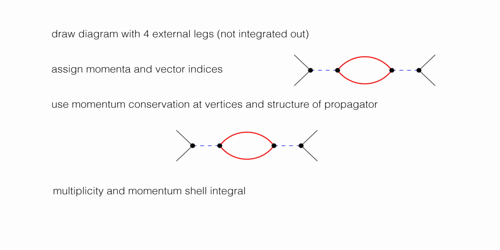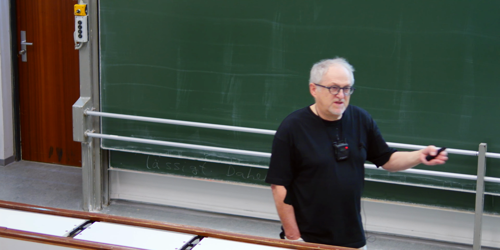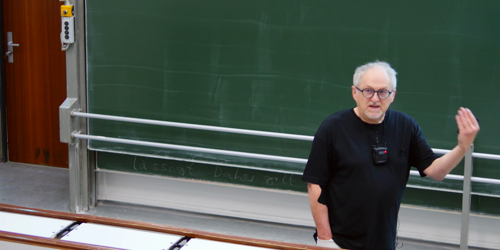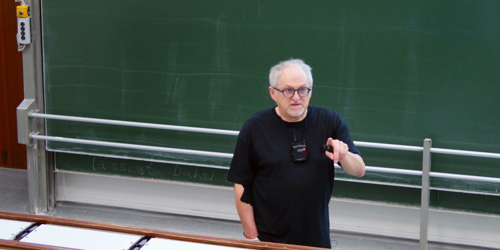All right, so we use momentum conservation at the vertices and the structure of the propagator. So delta alpha beta is one of those structures of the propagator, and delta P plus Q prime. Then that's what you use, and then you do the multiplicity. So this was this counting rule with the number of choices you have for the external legs and the number of choices that you have for connecting the internal ones.